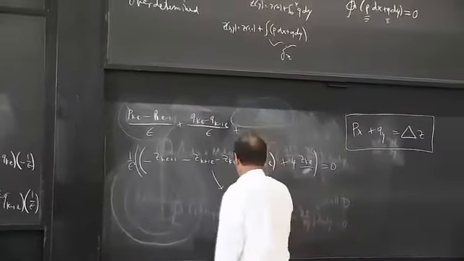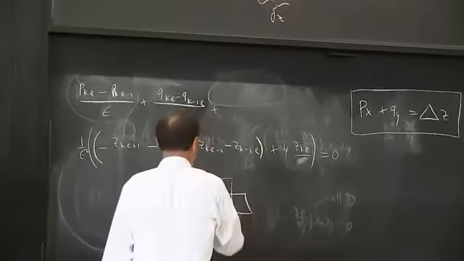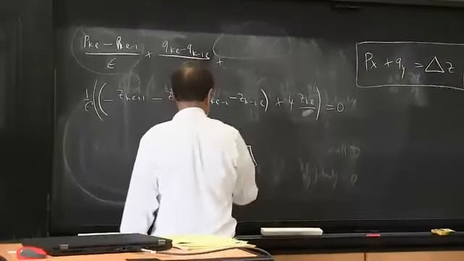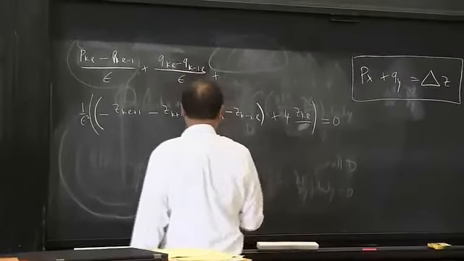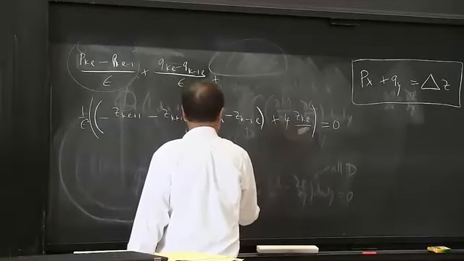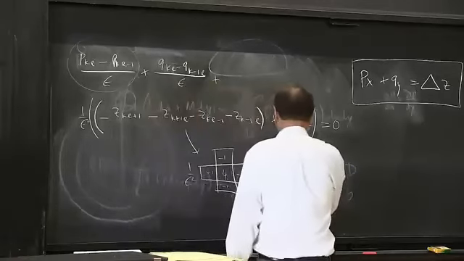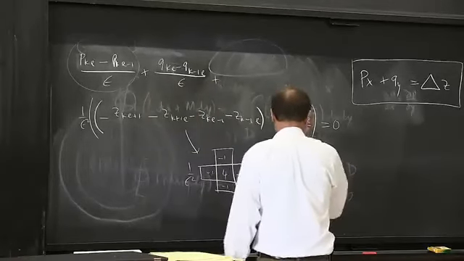Okay, so I can draw a little diagram here and gather up all these terms. So I get 1 over epsilon squared, and I have 4 for kl, and then minus 1 for all of the neighbors. And now z sub xx.